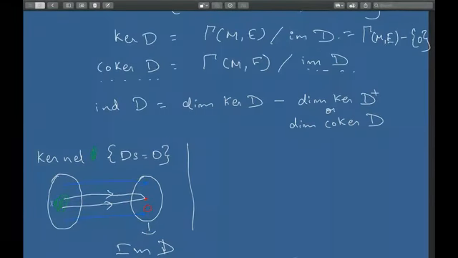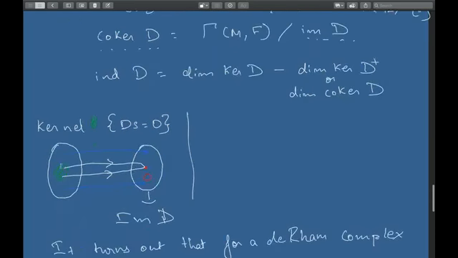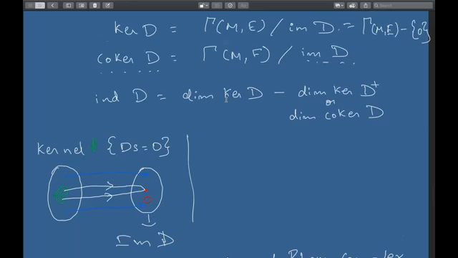Sorry, this is M comma F and not E. Please ignore this E here. It is F, right? So essentially this kernel has this particular definition: the kernel is a collection of all the points that map down to zero.